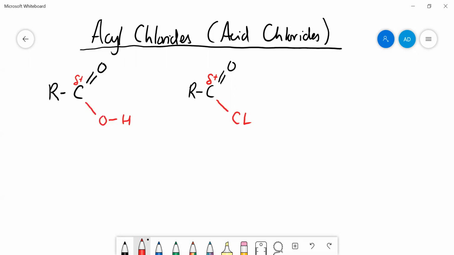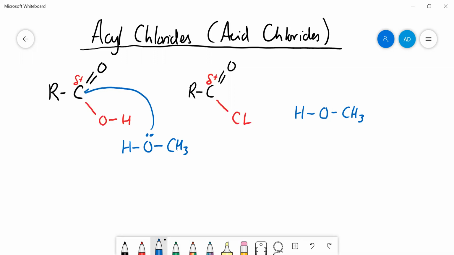Now, when they react with alcohols, so if I draw an alcohol, let's make it methanol. This one's going to react with methanol. Okay, so the first step in the reaction mechanism would be for the lone pair on the oxygen to attack the carbonyl carbon.